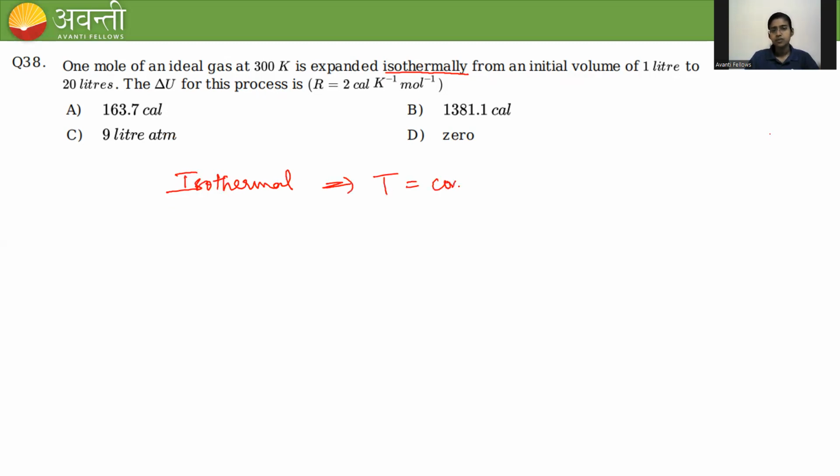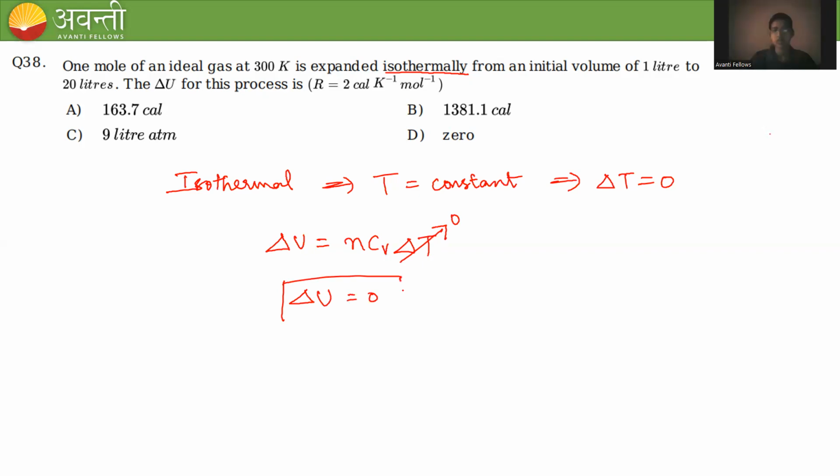If the temperature is constant, then delta T, the change in temperature, is 0. We know that delta U is equal to n Cv delta T. So here delta T goes to 0, so delta U will be equal to 0, because 0 into anything is 0. Okay. So option D is the correct answer for this.